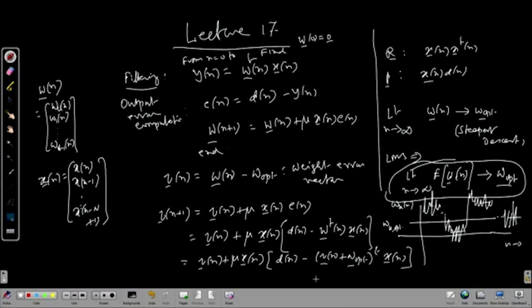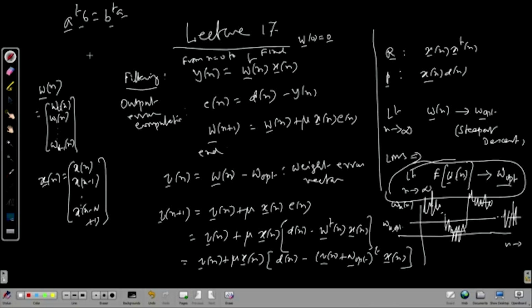Now, here what I will do, mu x n, then there is one term V n transpose x n. You know, if I give you two vectors A and B, A transpose B is B transpose A. A and B are two column vectors.